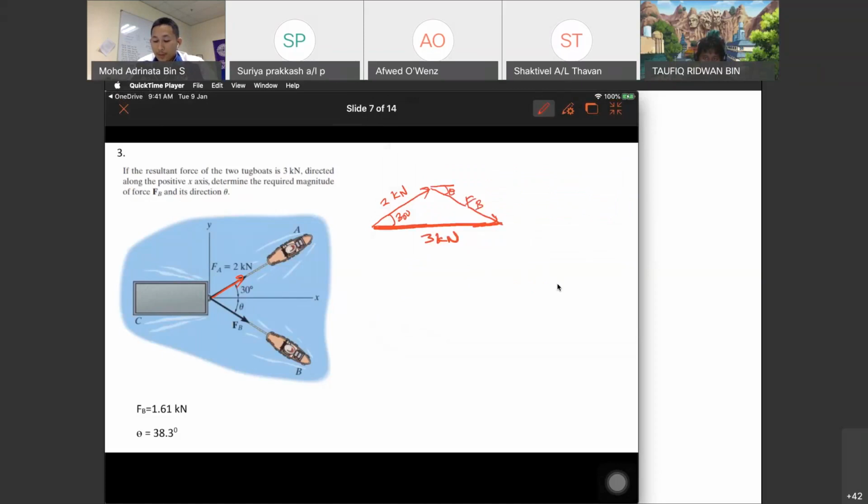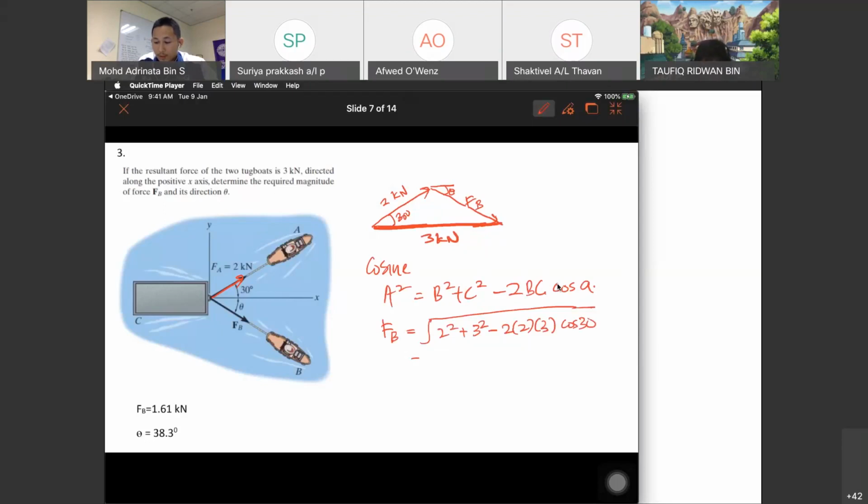So you can use the cosine law. Cosine law is A square equals B square plus C square minus 2BC cos A. So from this, FB equals the square root of 2 square plus 3 square minus 2 times 2 times 3 cosine 30.